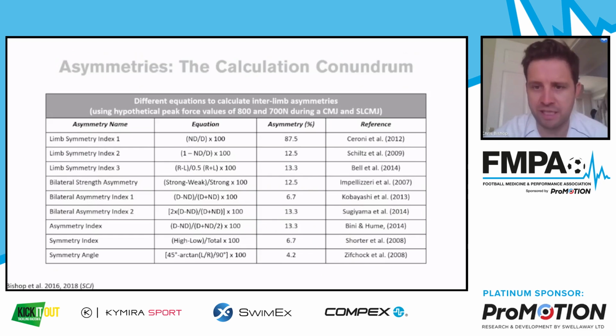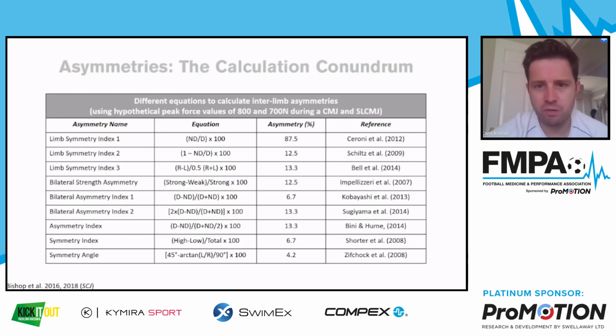Now, that won't always be the case, but for the purpose of this hypothetical example, just bear with it. So as you can see from that third column, we actually get quite a vast range of different asymmetry outcomes once those 800 and 700 newton values are input into each equation.